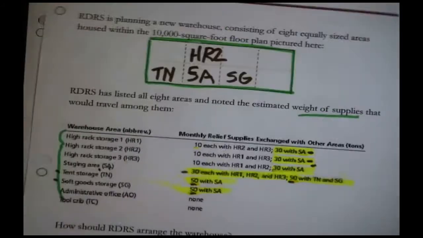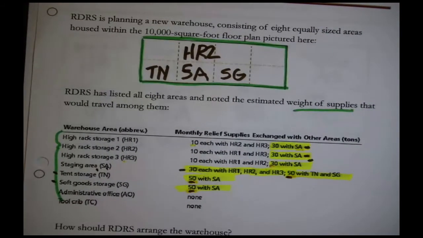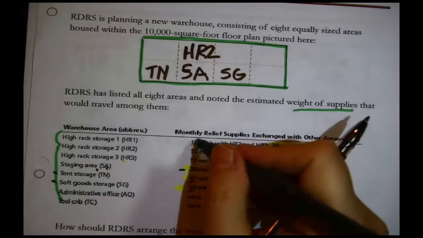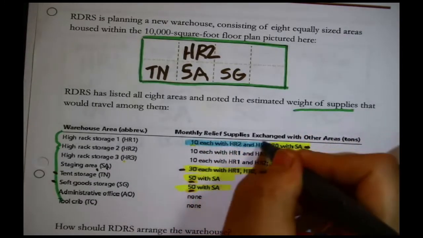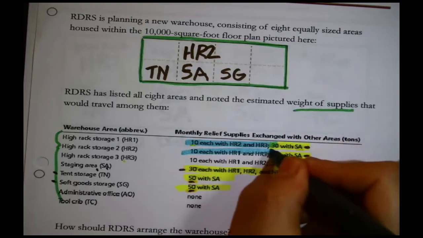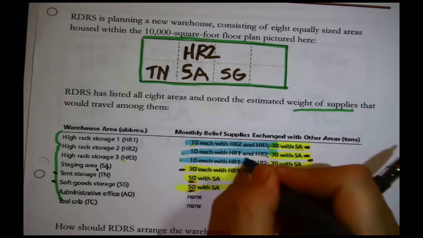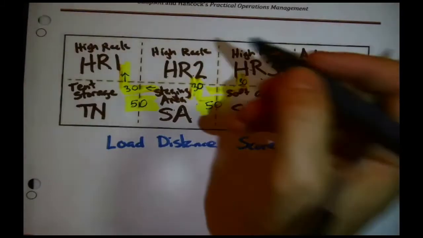Now, what else? You say, oh, okay. There also were these minor routes, I mean, smaller numbers. What are these 10s? These 10s are supplies that are moving in between the high rack areas.